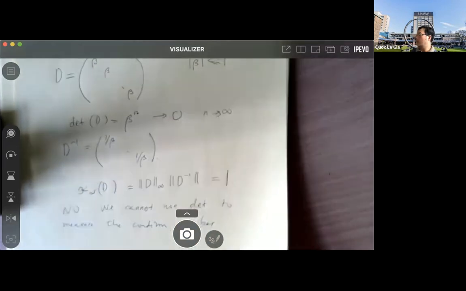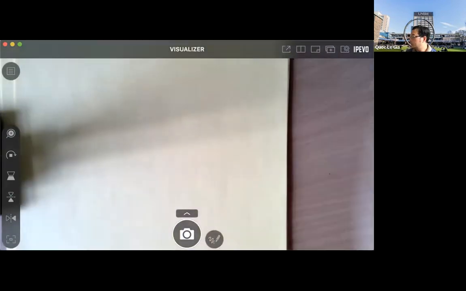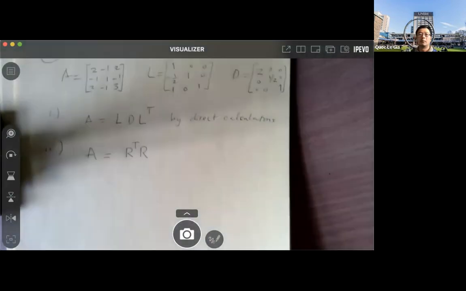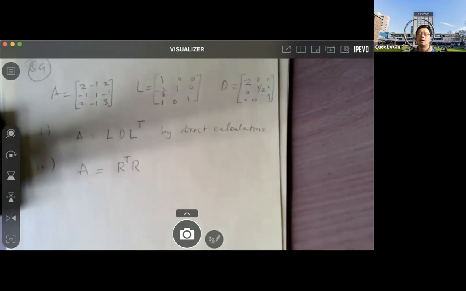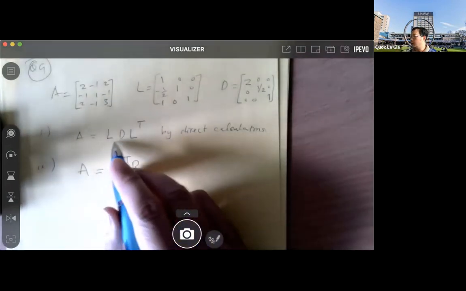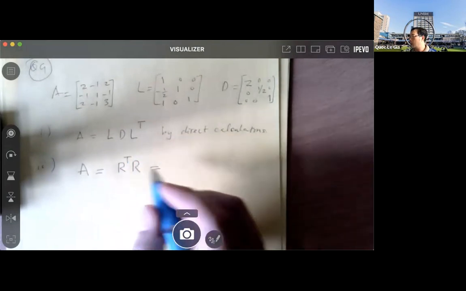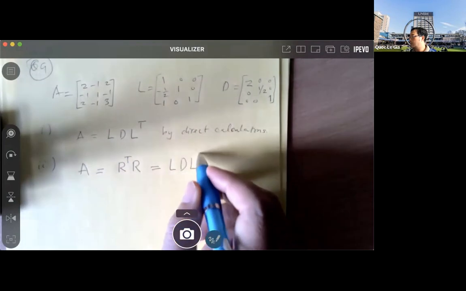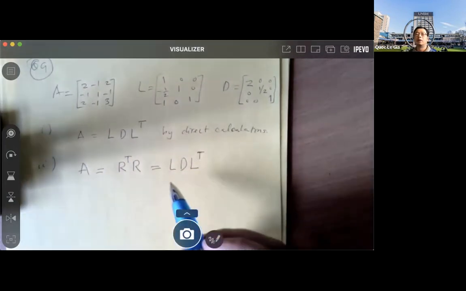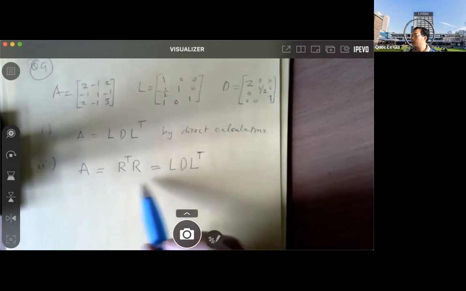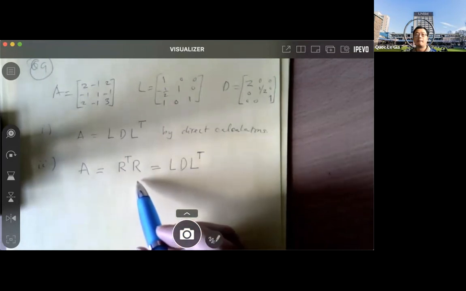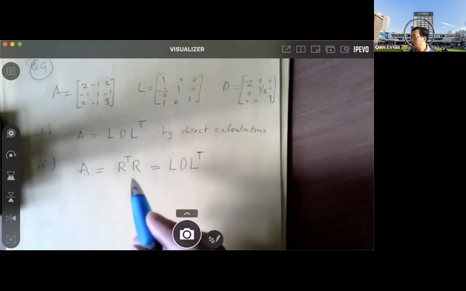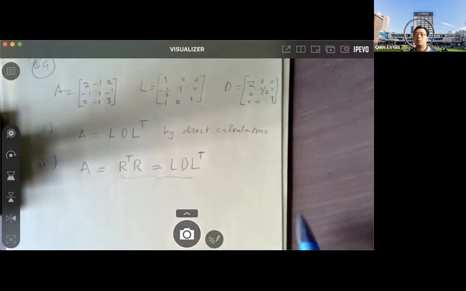So now we go back to question number 9. Okay. So now we try to find the Cholesky factorization of the matrix A, and we use this relation: R transpose R equal L D L transpose. So then what is the matrix R? Should you use this relation?